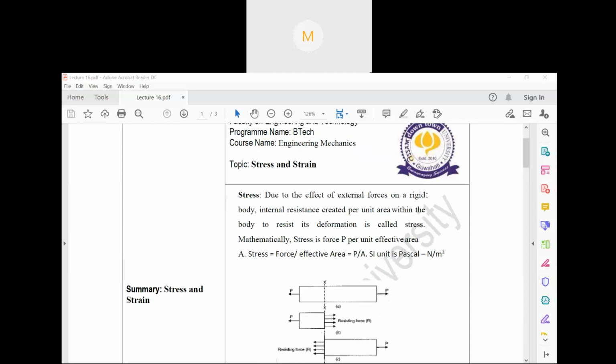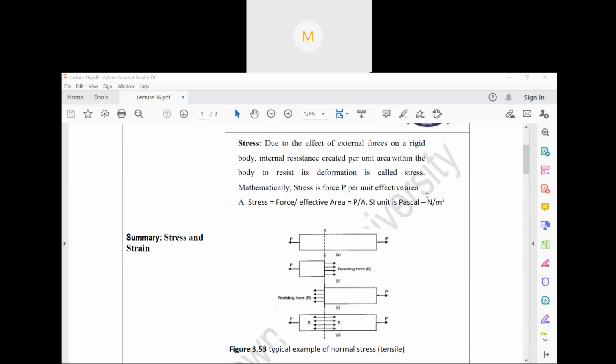Okay. So now, from the definition point of view, stress can be defined as force applied per unit area. That means force divided by area.